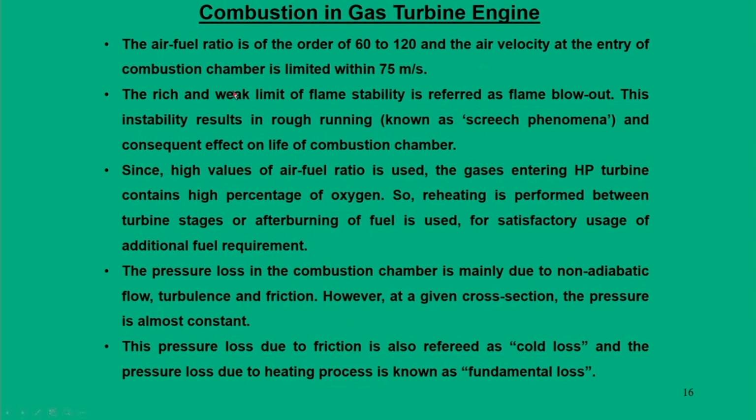And air velocity at the entry of the combustion chamber is limited to 75 meters per second, because if we keep on increasing the air speed, we do not have sufficient mixing time. So, with the best available technology till today, the air velocity at the entry to the combustion chamber is limited to 75 meters per second.